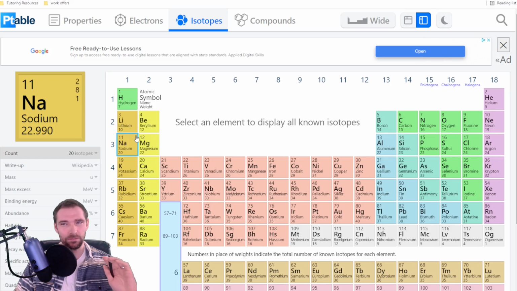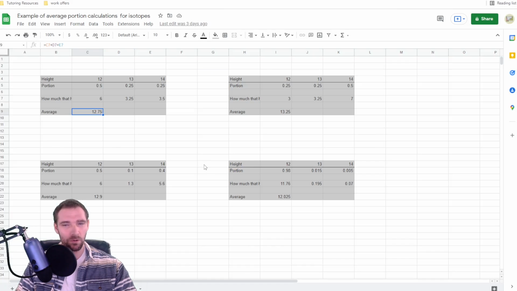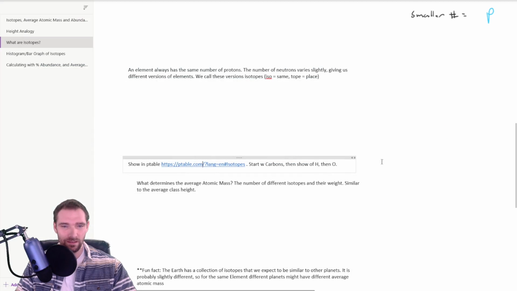That's going to ultimately determine the percent that we see. Most of the time, one thing is pretty much all of the sample, and so your average ends up coming close to that value. Keep that in mind with these types of problems: the average should be close to the most common or highest portion of your average calculation.